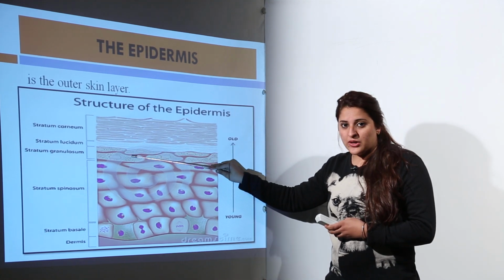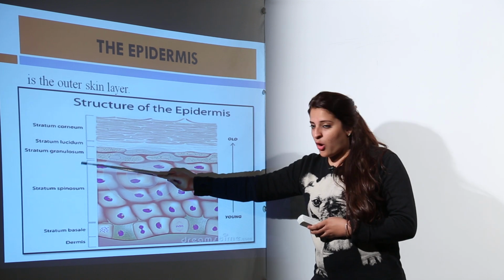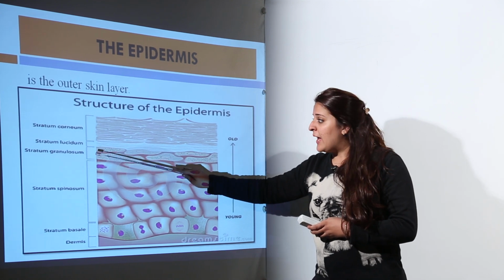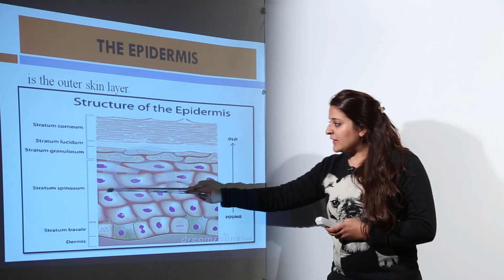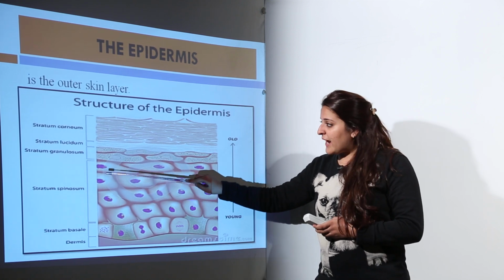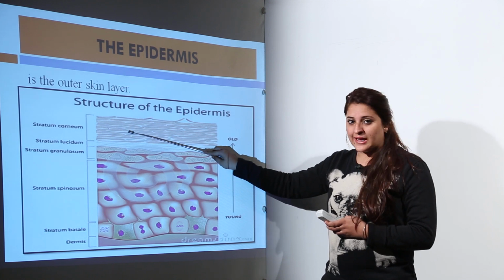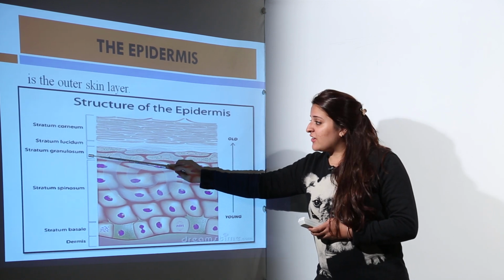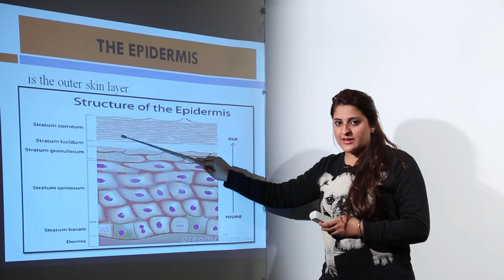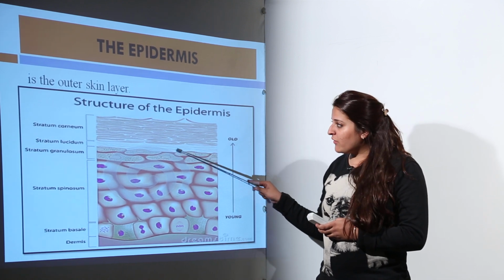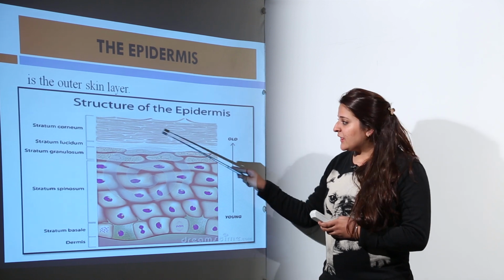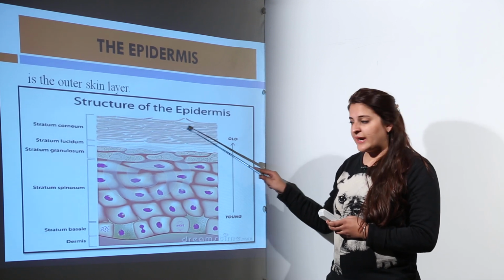Actually, the new cells are not formed in the granular layer; it only provides a path so that the cells newly formed in the spinosum layer can move to the cornified layer. So the granular layer just moves the cells from one layer to the other. It is formed of 2 or 3 layers of thickened cells. However, the cornified epithelium is a thin layer of dead cells.